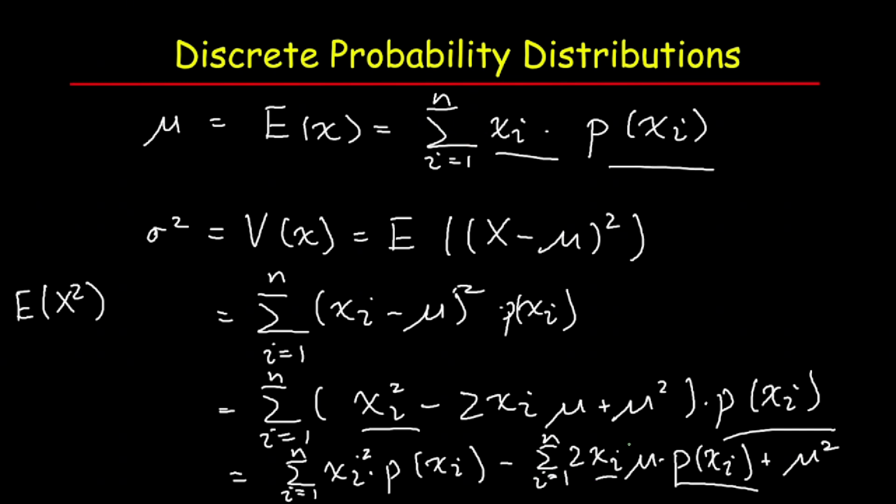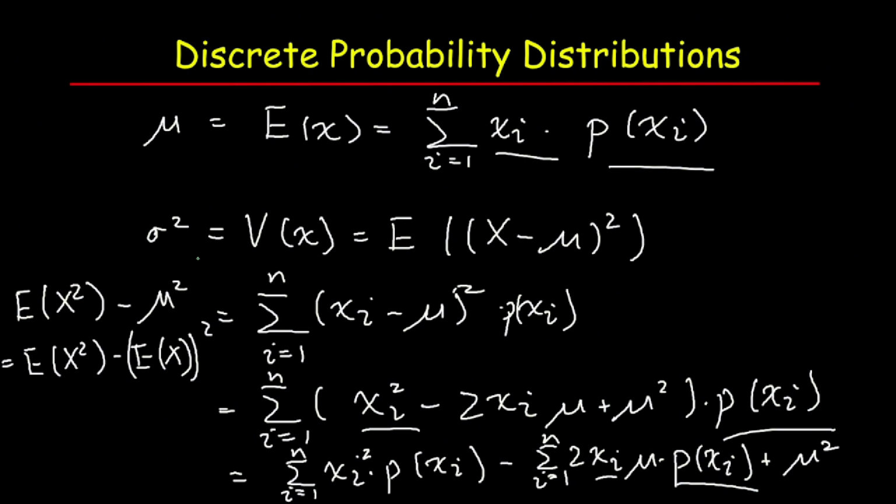So this is actually 2 mu times mu, which is 2 mu squared. So minus 2 mu squared plus mu squared essentially turns into minus mu squared. Or if we want to rewrite this, this would be E(X squared) minus E(X) all squared.